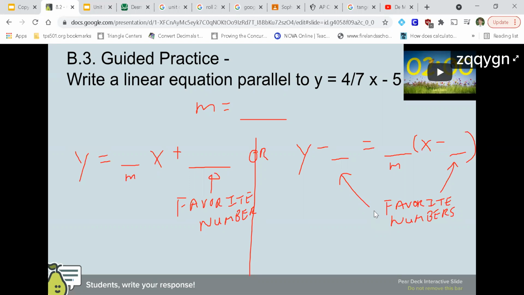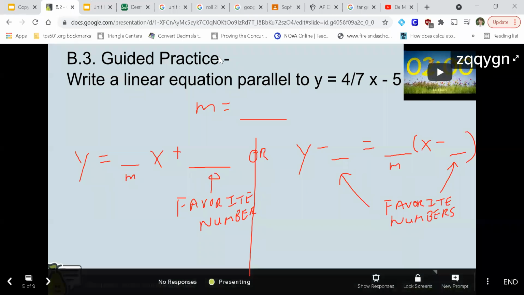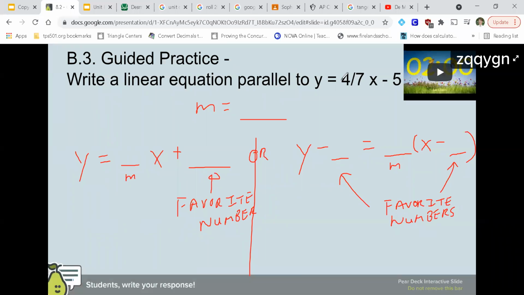Okay. But I'm glad you did that, Felipe, because it illustrates a really good point. What does the slope have to be? It has to be the first number here, 4/7. So for either answer, this has to be 4/7. My instructions, I don't think, were the best.